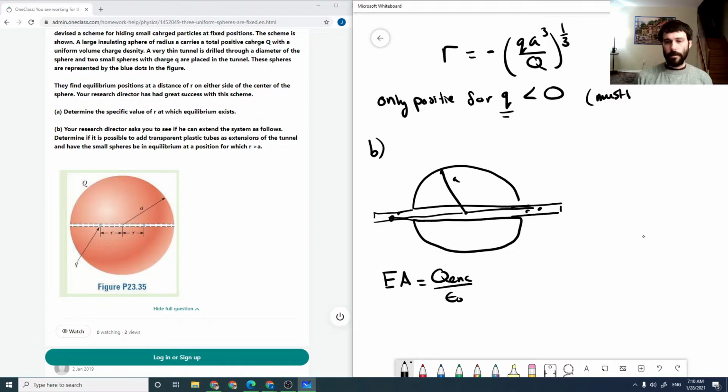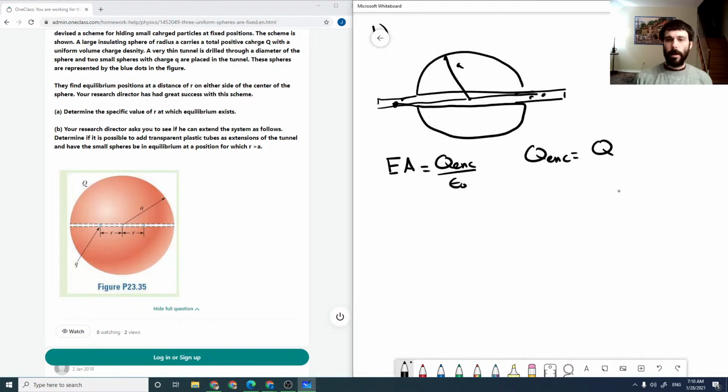In this case, our charge enclosed is our total charge, as at this radius we're enclosing the total charge at all times, but our surface area is still going to be this 4 pi r squared. So then our E field is just Q over E naught 4 pi r squared.